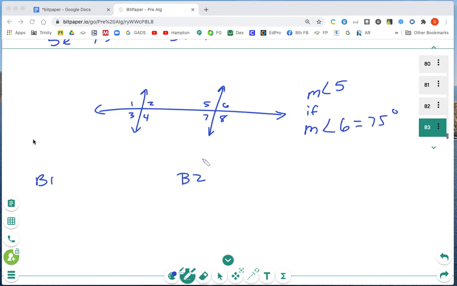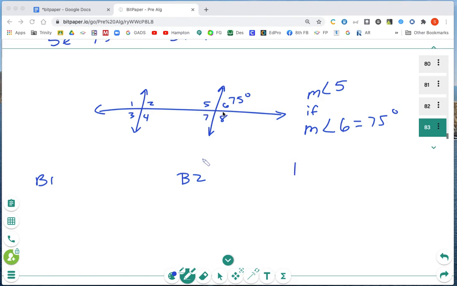Our bonus. We're trying to find angle 5 if angle 6 is 75 degrees. So if angle 6 is 75 degrees, we know that angle 5 and angle 6 are linear and supplementary because they have rays that form a straight line.